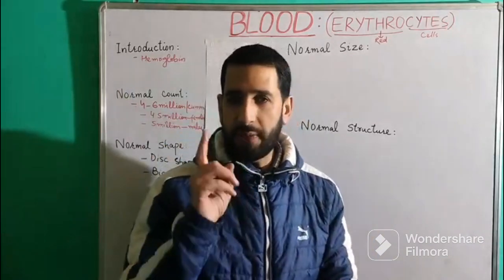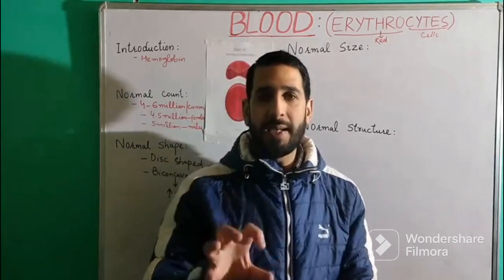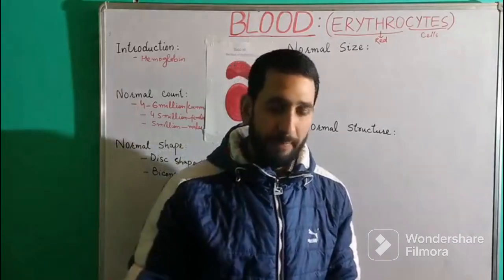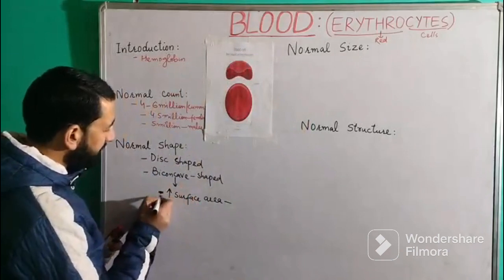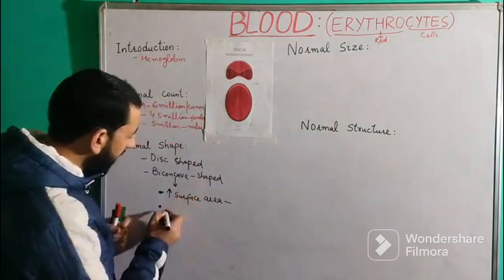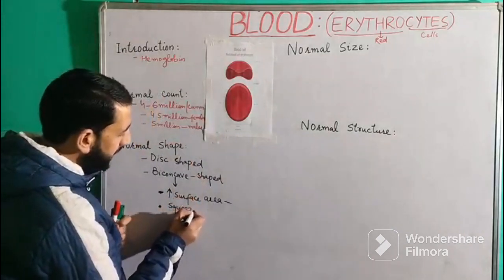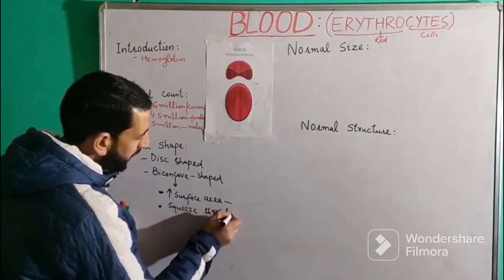So the first benefit of the biconcave shape of the RBCs is that it increases the surface area for the diffusion of the gases. And the second benefit of the biconcave shape is that it helps the RBCs to squeeze through the smaller capillaries in our body. Squeeze through smaller capillaries.